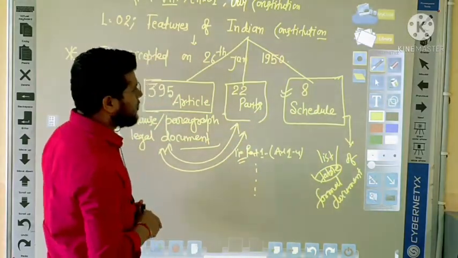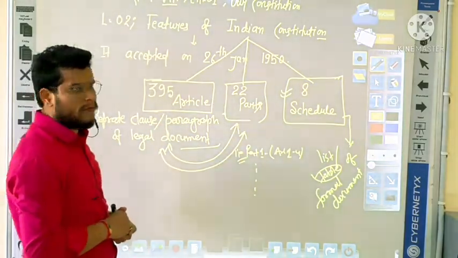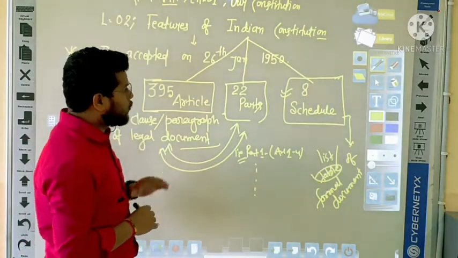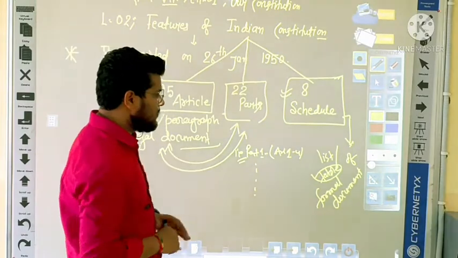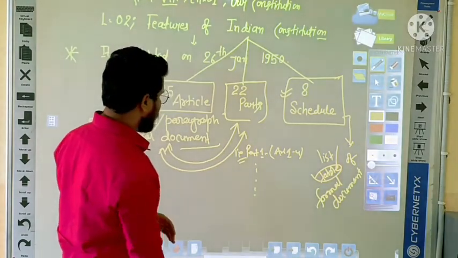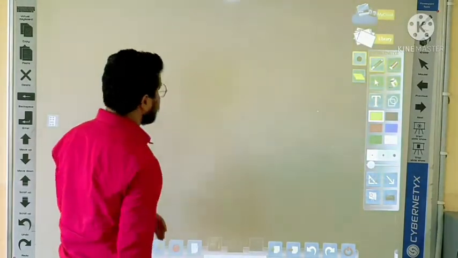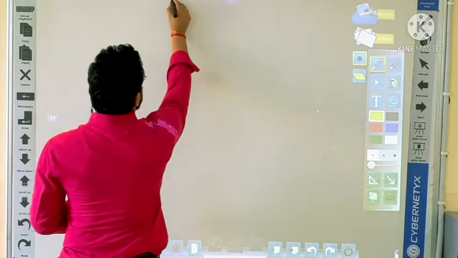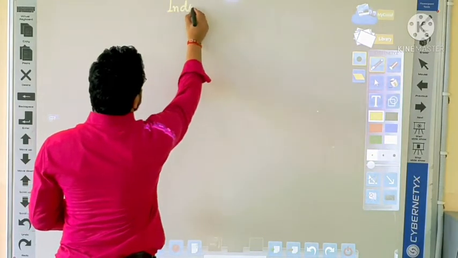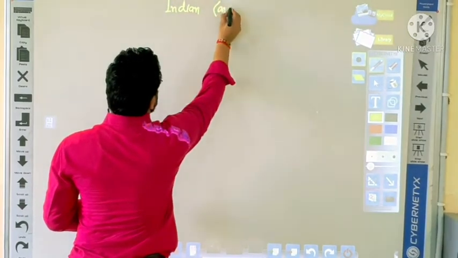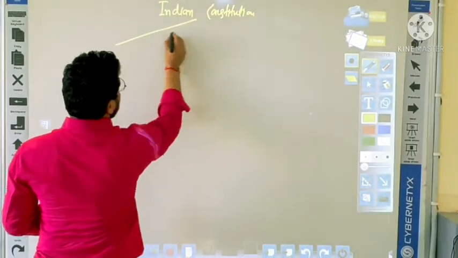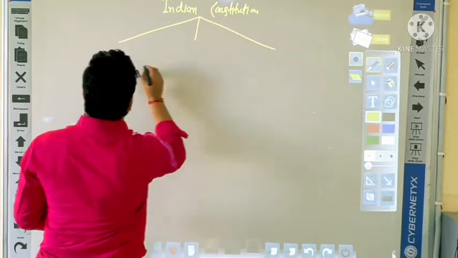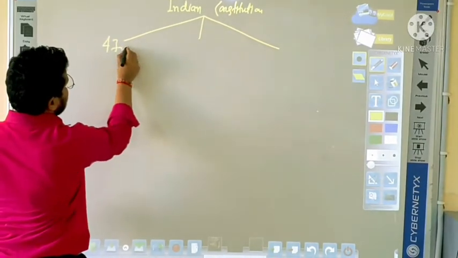All these are outdated data. Okay? Today our country has a total of 470 articles.